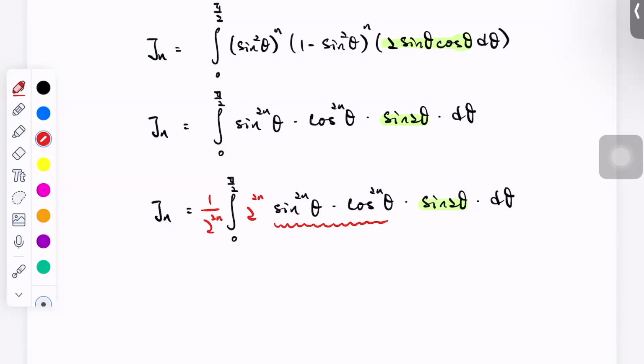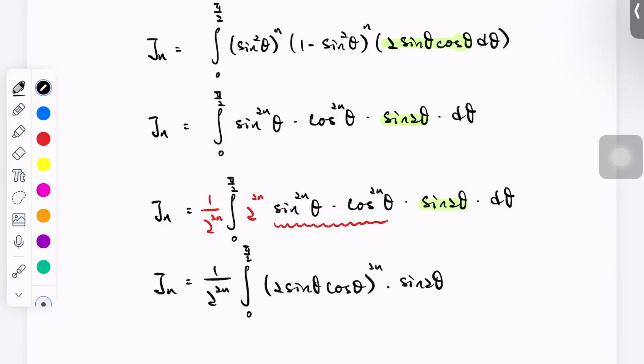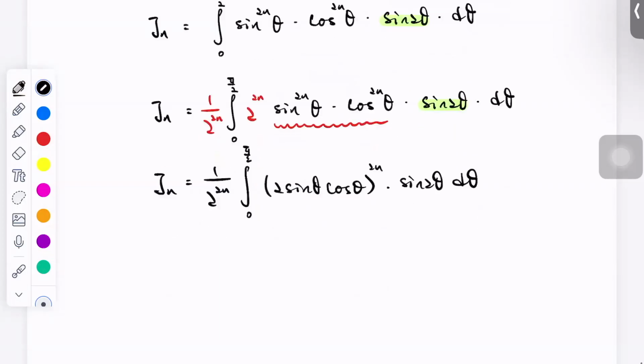And then I will have something like Jn equals 1 over 2 to the power of 2n, integration from 0 to pi over 2. And then you can see I can take out the 2n as the power, which is 2 sine theta cosine theta to the power 2n times sine 2 theta d theta.